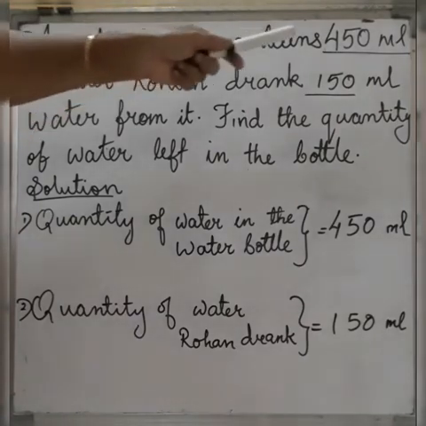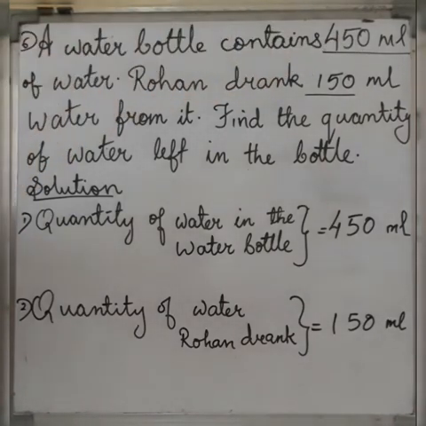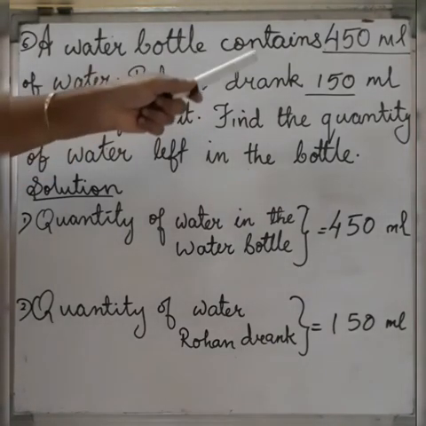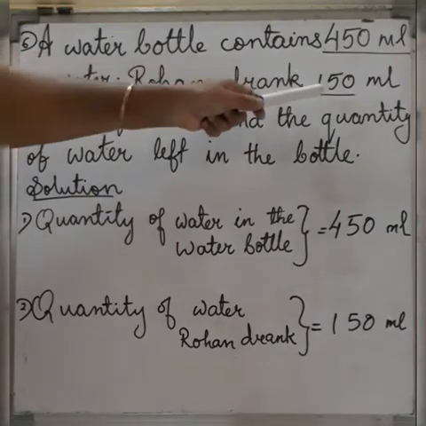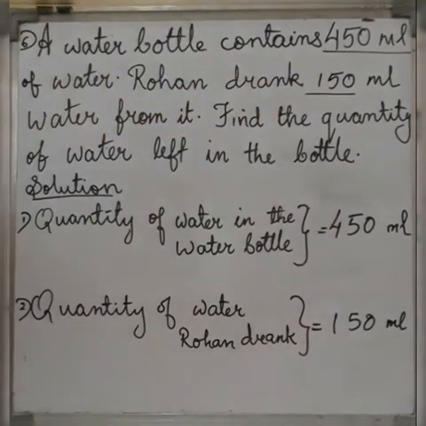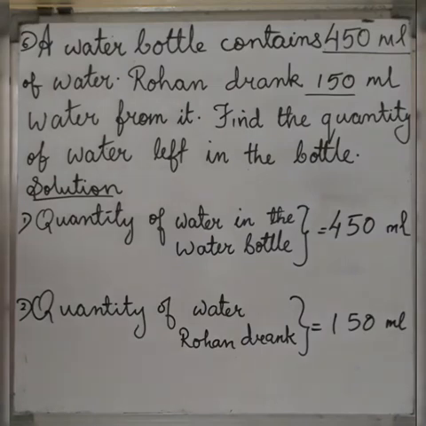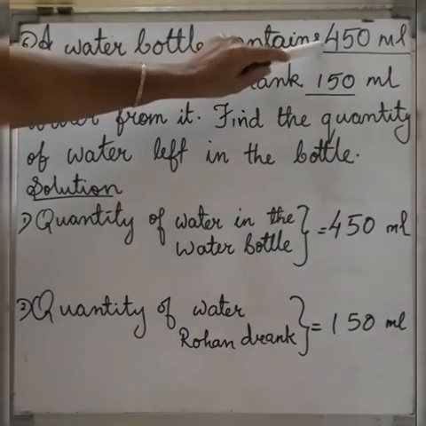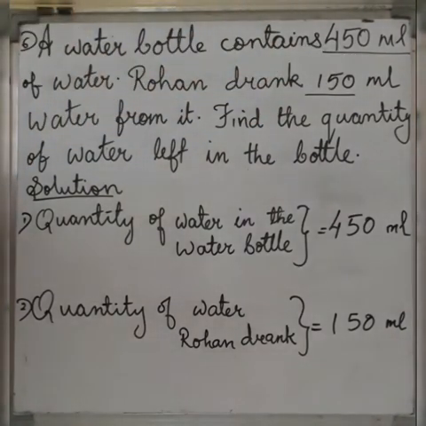At first, there was 450 milliliter water. But from that, Rohan drank little water, that is 150 milliliter water. So, the quantity of water is less now. Less means we have to subtract 150 from 450.